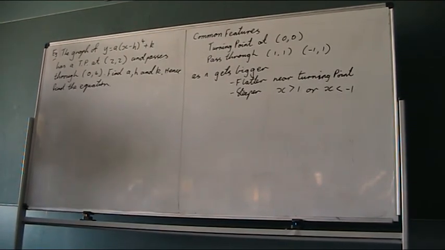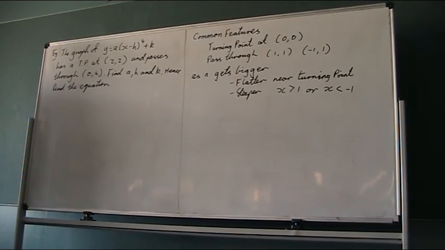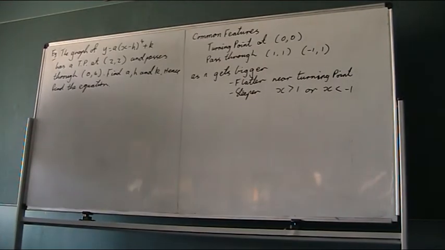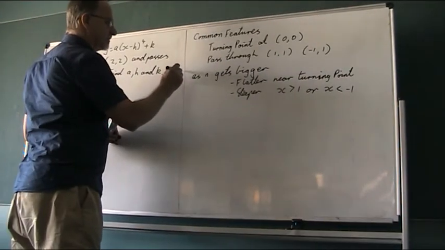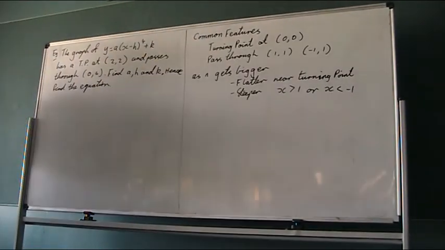Alright, so equation example. Graph of y equals a bracket x minus h all to the power of 4 plus k. We're told it has a turning point at 2, 2 and passes through 0, 4. Find a, h and k, and hence find the equation. Now, normally on the exams they'll say hence or otherwise. I was just too lazy to write all of that.